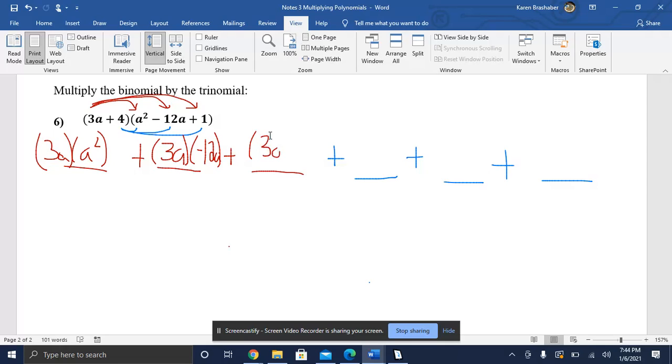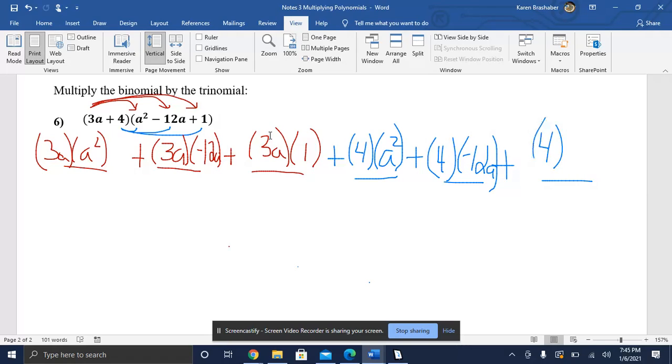So that would take care of our first set of multiplications. Then we'll switch, and we'll be looking at 4 being multiplied back to the beginning by a to the second, and then 4 being multiplied by negative 12a, and finally 4 being multiplied by the 1.